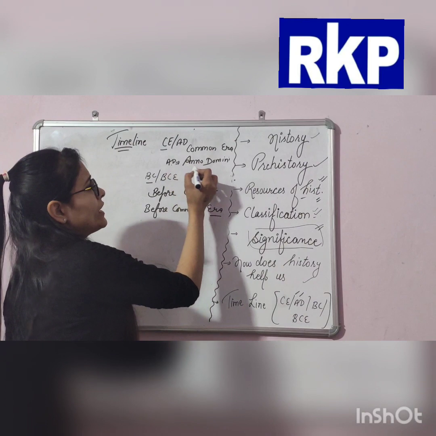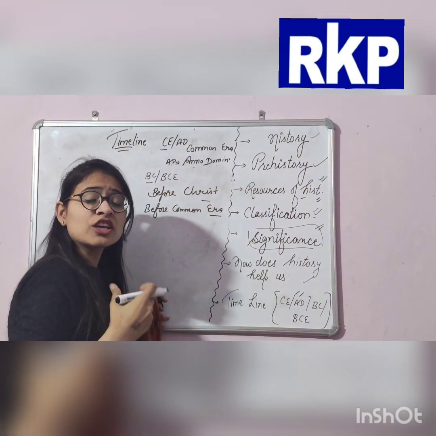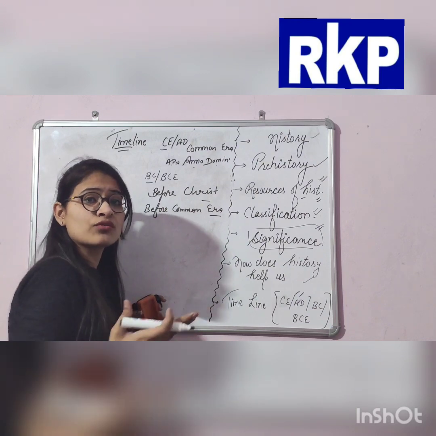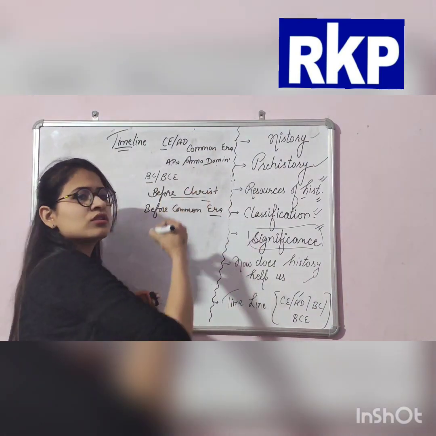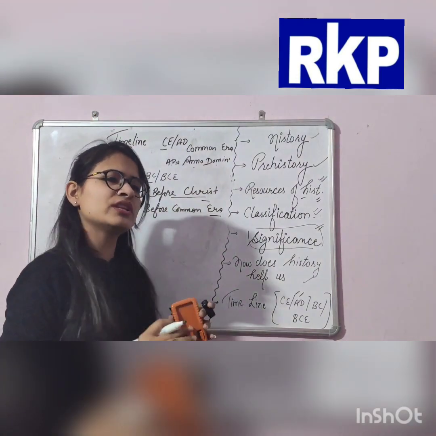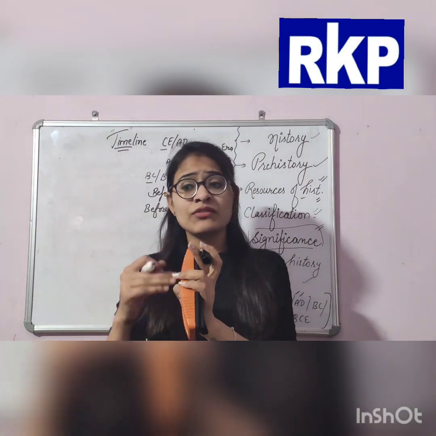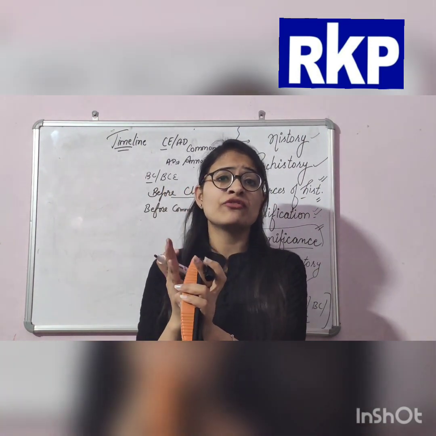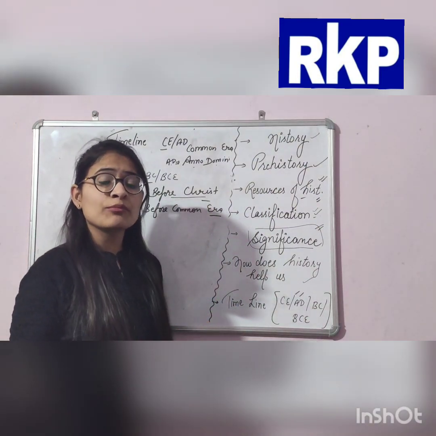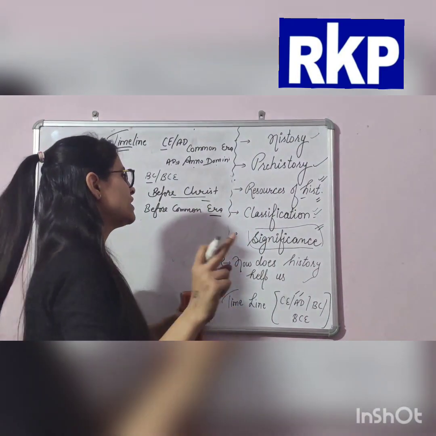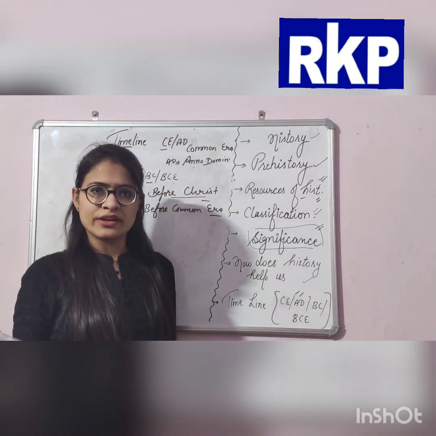Okay, so AD, Anno Domini. Anno Domini in Latin means the year of the Lord or the year of Jesus Christ. And BC means before the birth of Jesus Christ. So from the period when Jesus Christ was born, we will write the years followed by CE or AD. But if we are talking about before the birth of Jesus Christ, then BC or BCE will be written.